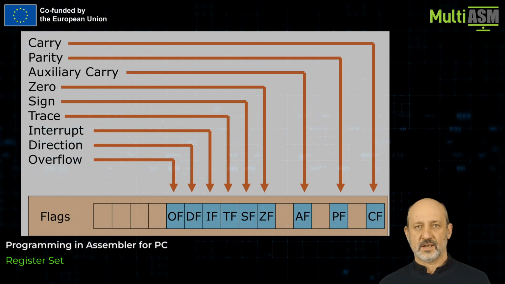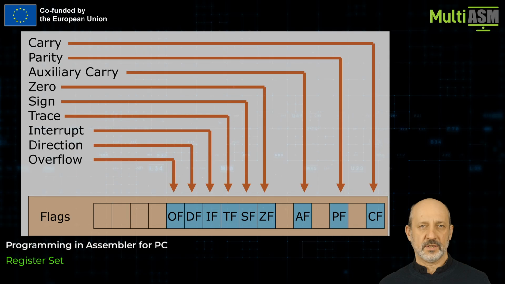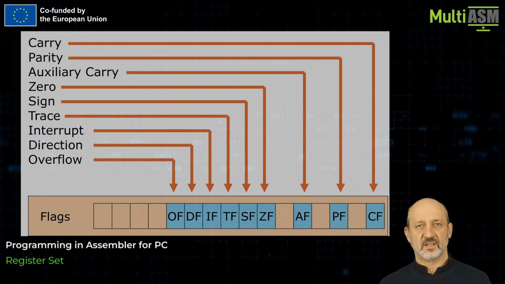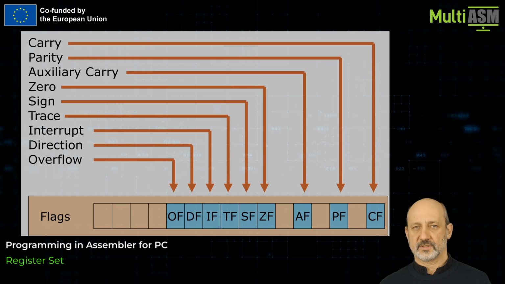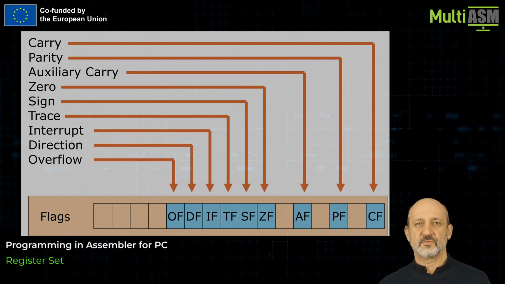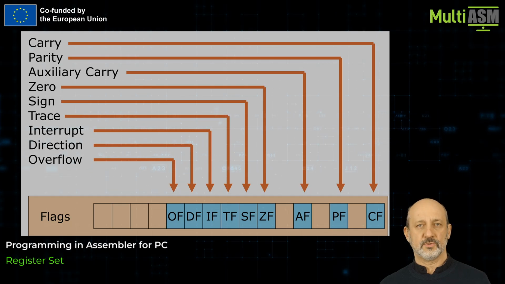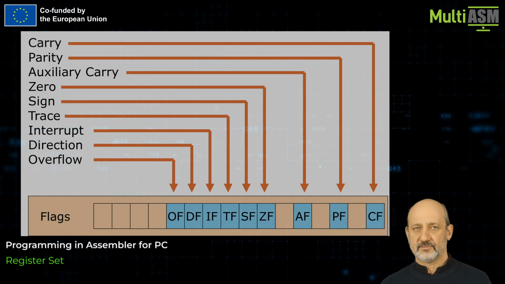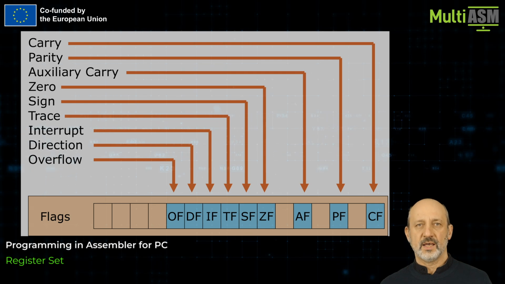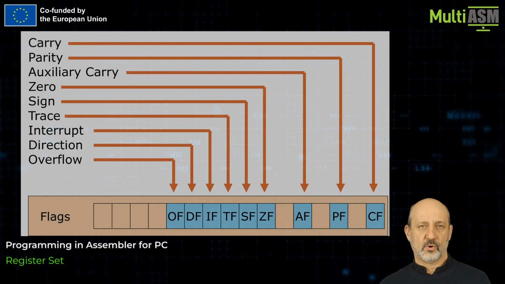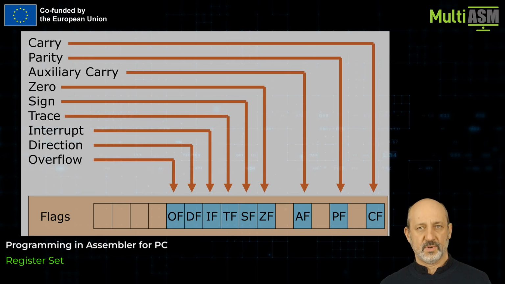CF, carry flag, it is set if an operation generates a carry or borrow. For example, if the result of an addition is larger than the destination operand. PF, parity flag, is set if the result of an operation contains an even number of bits equal to 1. AF, auxiliary carry flag, is similar to CF but informs about the carry or borrow from the 3rd to the 4th bit.